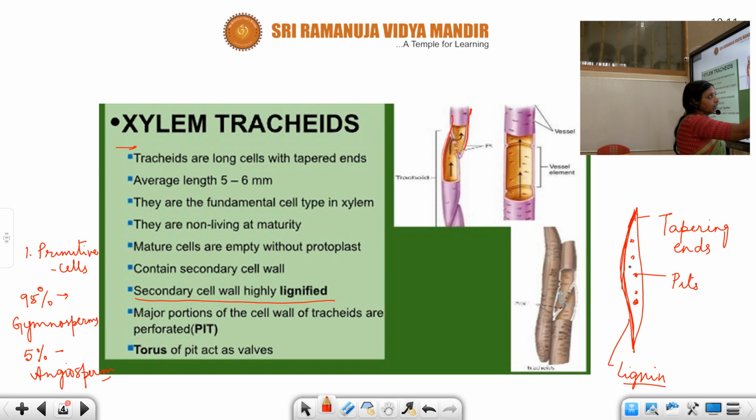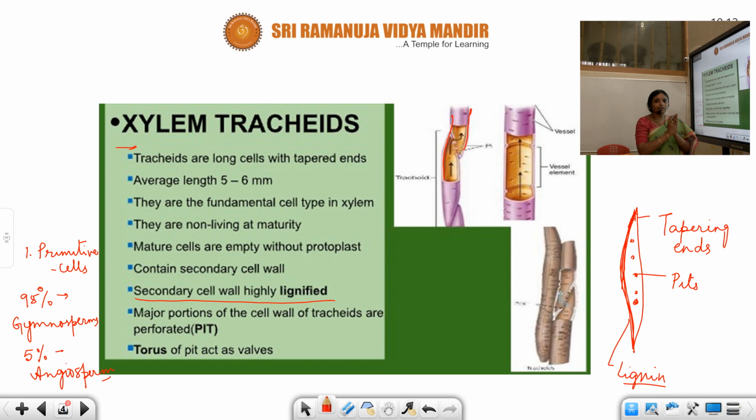Pits are where the thickening is not present. At some places thickening is not there, and those places have a pore-like or small hole-like structure. That part is called a pit. And these pits are present in pairs. Suppose on this side a pit is present, and on this side one trachea, and here one pit is present.